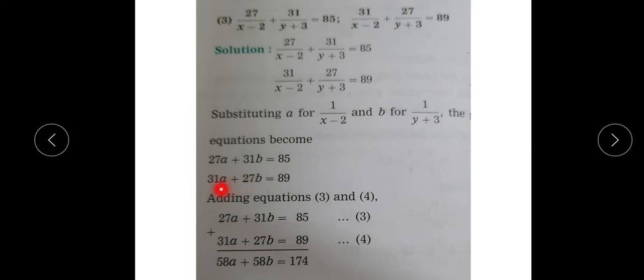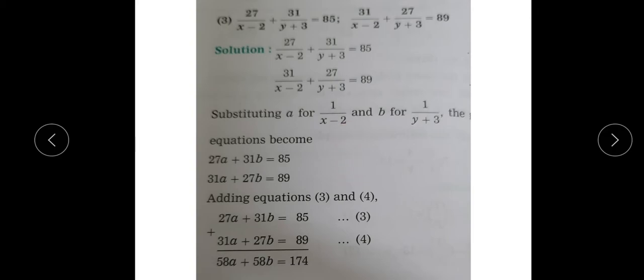The second equation will become 31a plus 27b is equal to 89. Now observe that in these two equations the coefficients are interchanged, in equation number 3 and equation number 4.